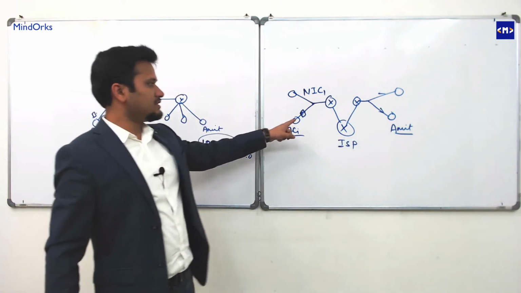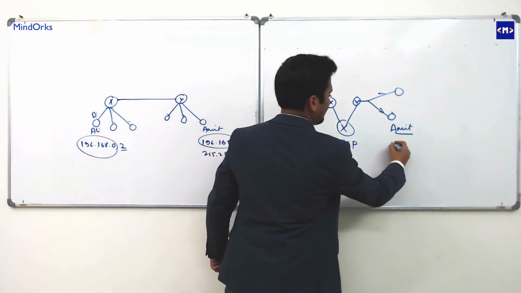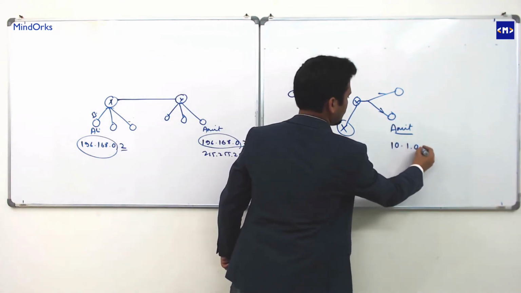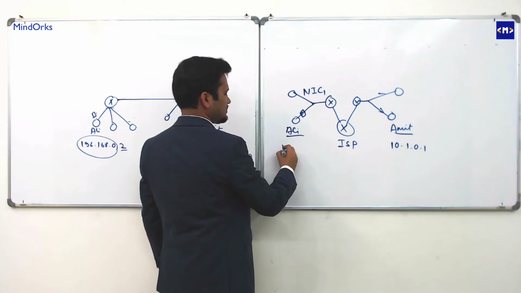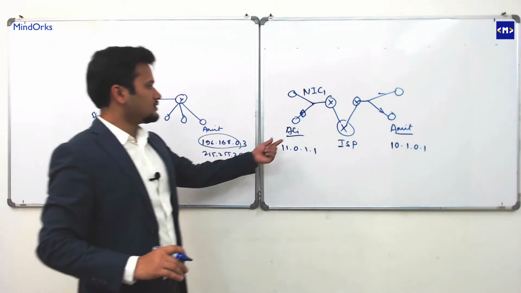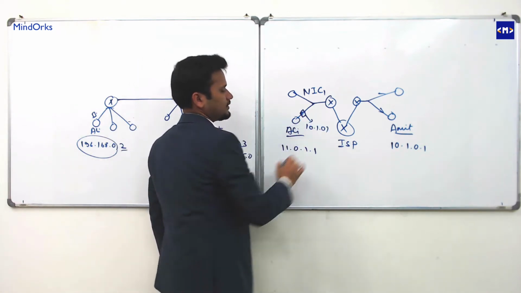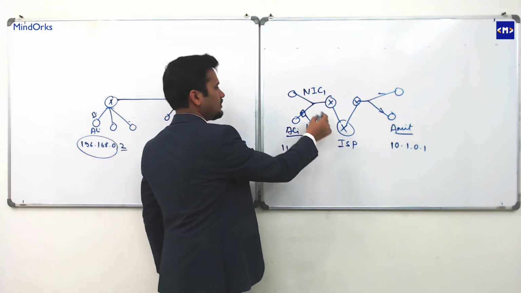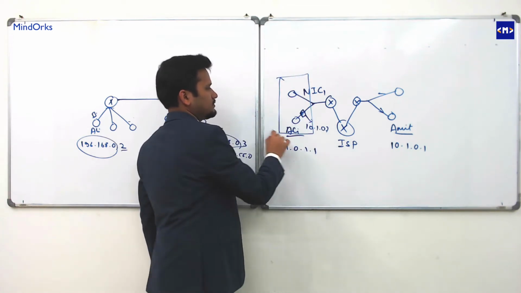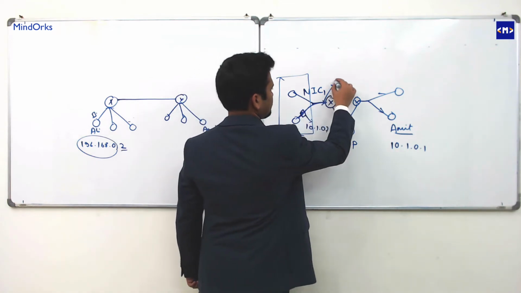So I will send the packet to the default gateway because his IP address, for example, is 10.1.0.1 and my IP address is 11.0.1.0.1, let's assume. I have to send this message to 10.1.0.1. Now this does not exist on my network, so I will forward this to the default gateway.